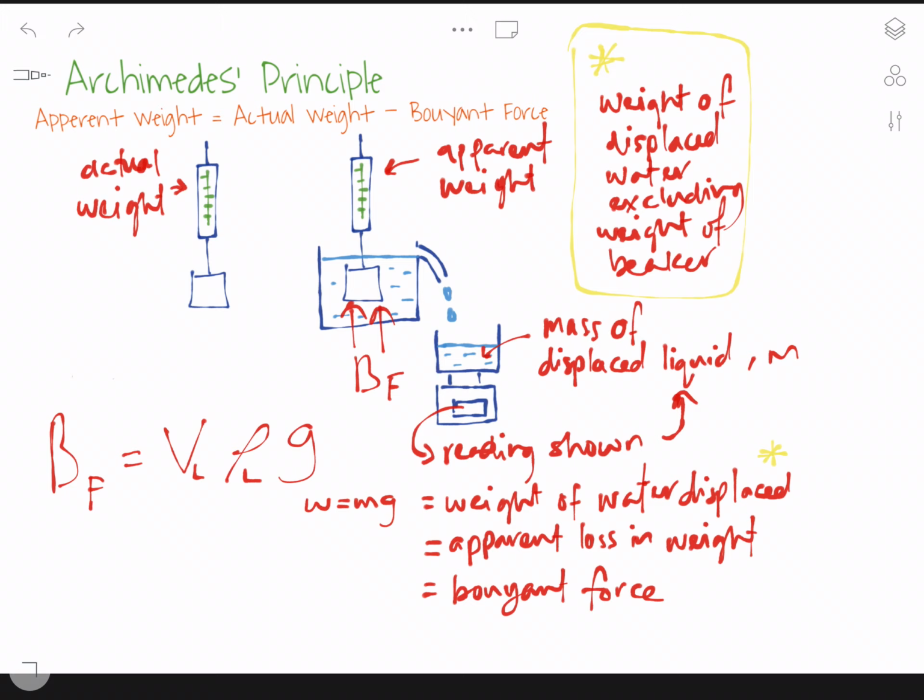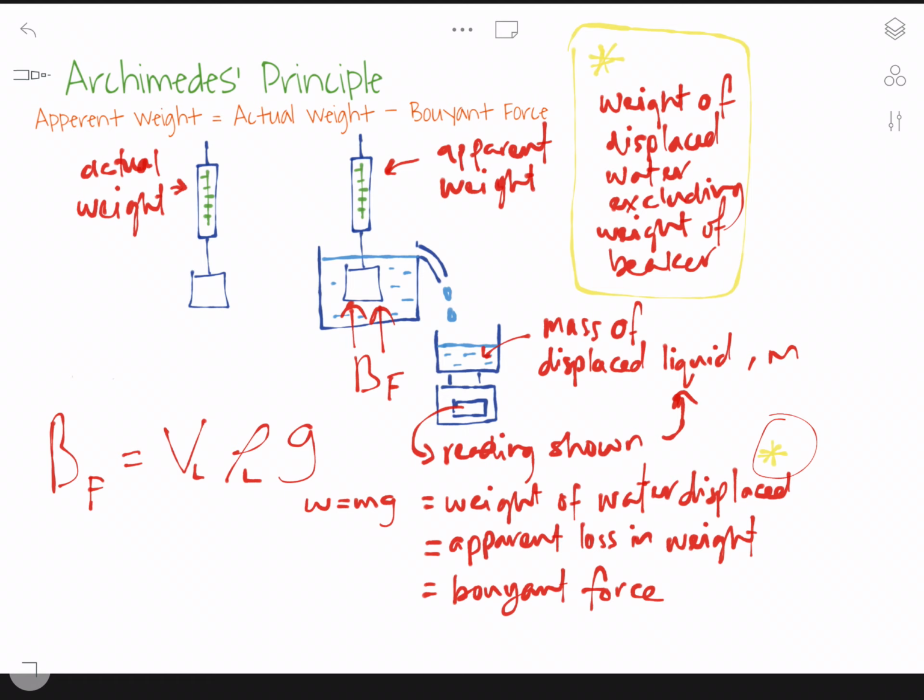And then when we have all these values, actually we can write an equation like this: apparent weight equals actual weight minus buoyant force. You can manipulate the formula in order to find the value required by the question.